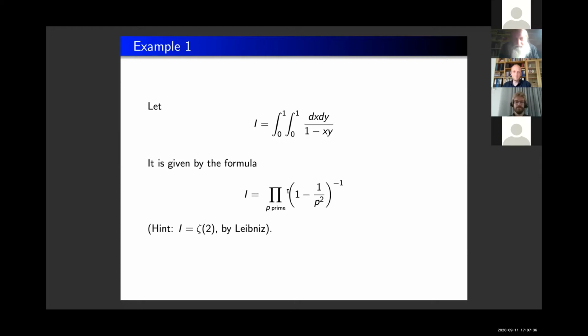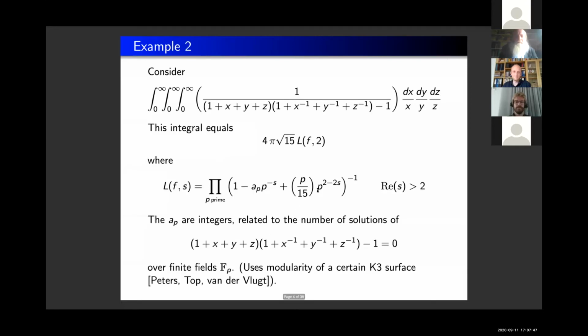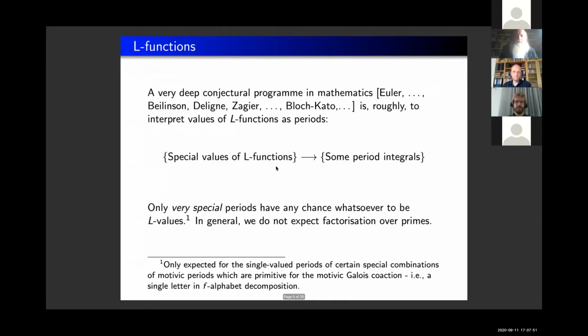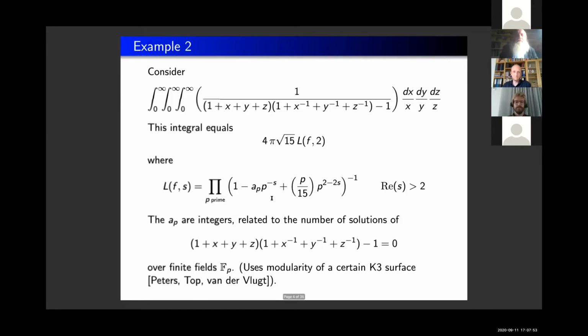And zeta of 2, or the values of the zeta function, are defined to be infinite products over primes. So here's a more non-trivial example. Up here we have now a triple integral in 3 variables, x, y, and z, of this quotient of polynomials.